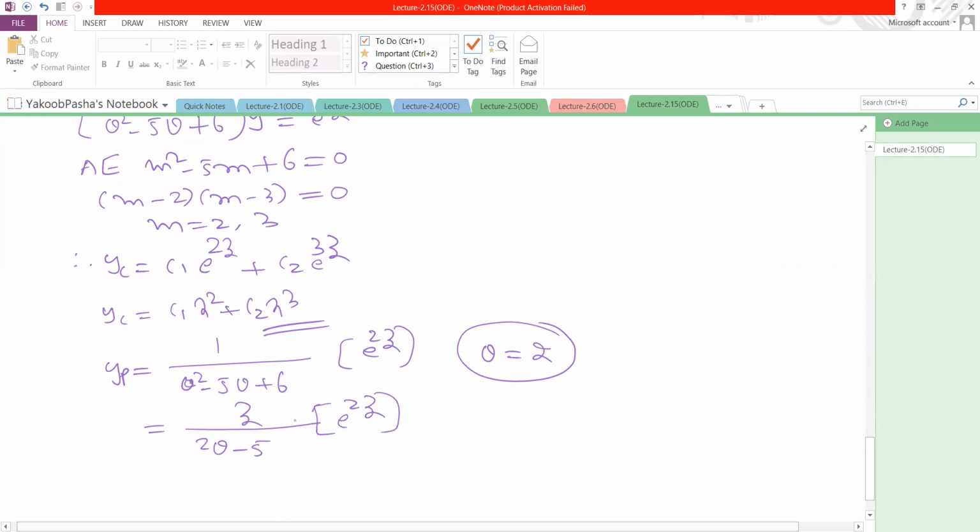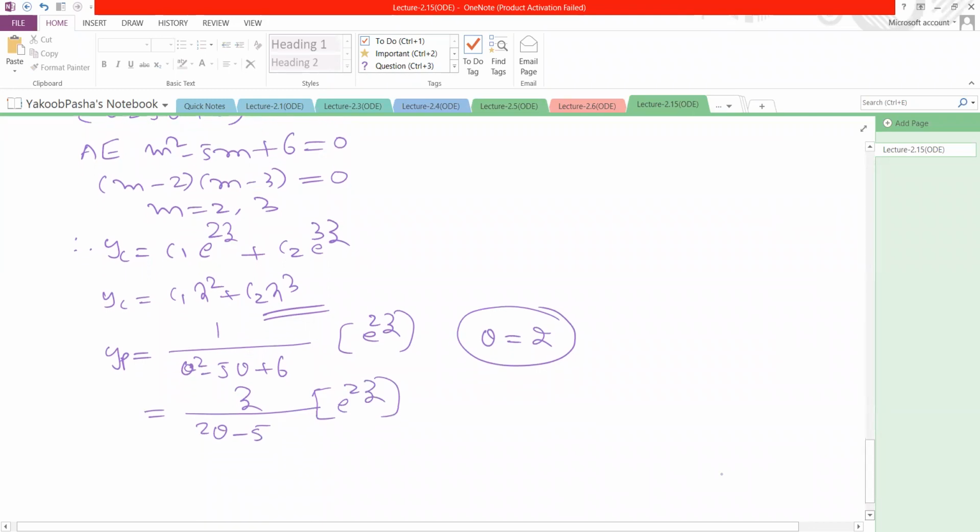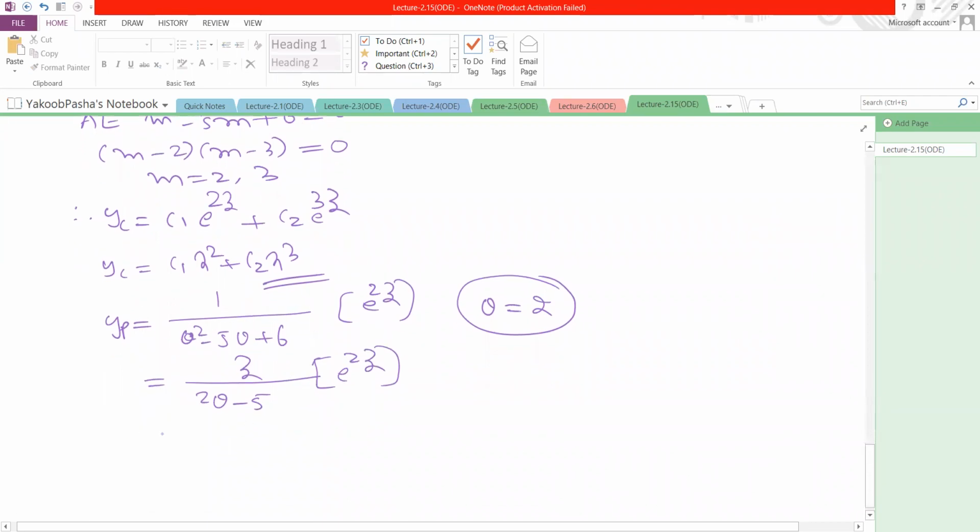Previously we used x, here we are changing x to z. That's why I am writing z and differentiating the denominator with respect to theta. Now replace theta is equal to 2. So 4 minus 5, that is (4 minus 5) z e power 2z, equal to minus z e power 2z.